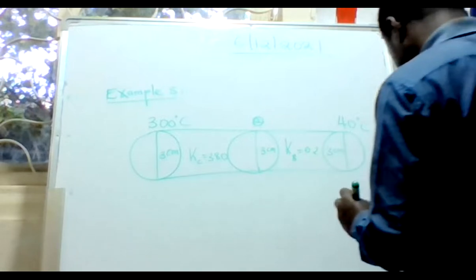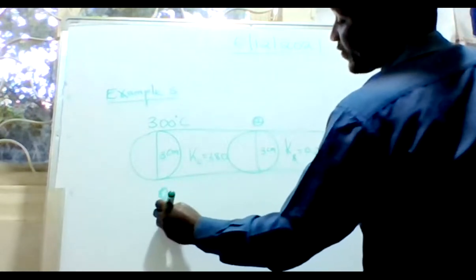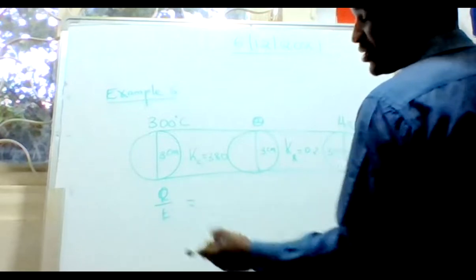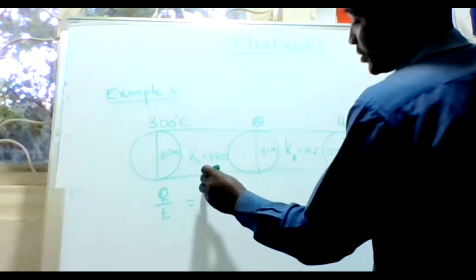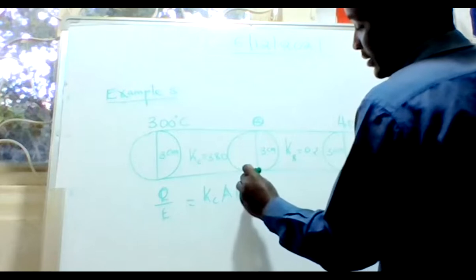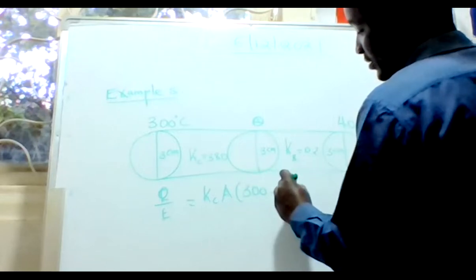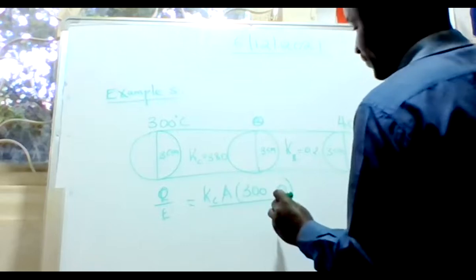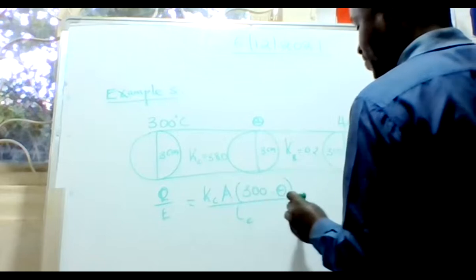All right. Now we know that the rate of heat flow, Q over t, is equal to K of copper times area times temperature 300 minus theta divided by the length L of the copper.